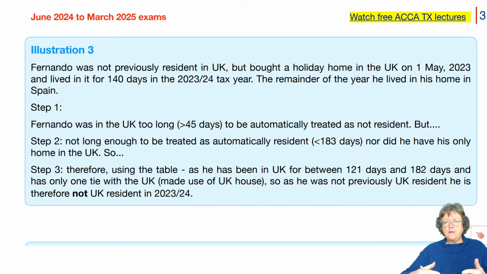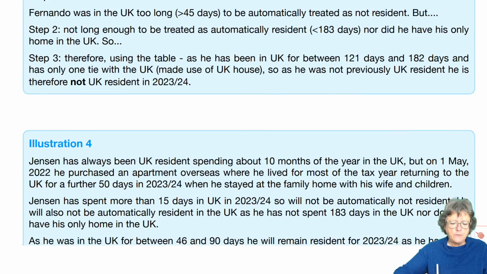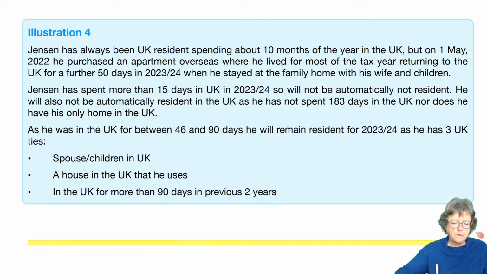Go through these again, make sure you understand them. And the 4th illustration, Jensen, always been UK resident, spends 10 months of the year here, but in May bought an apartment overseas where he lived for most of the tax year. He was only here for 50 days, where he stayed with his family, his wife and his children. He spent more than 15 days in the UK, so he's not automatically not resident.